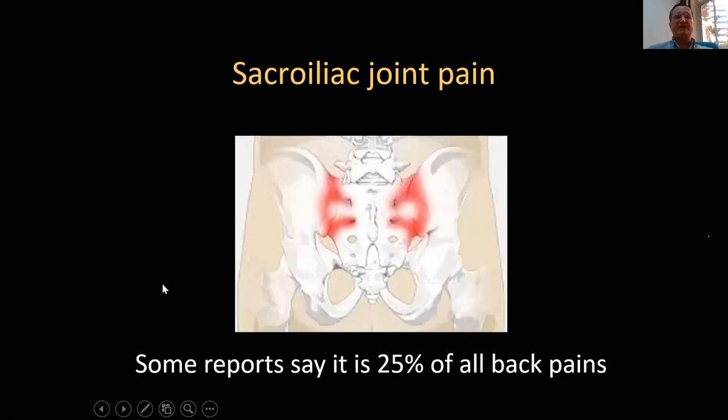I've seen many patients who came to me with a previous suggestion of surgery, for instance, but I examined the patient and found a sacroiliac joint pain only. Some reports say it is 25% of all back pain.